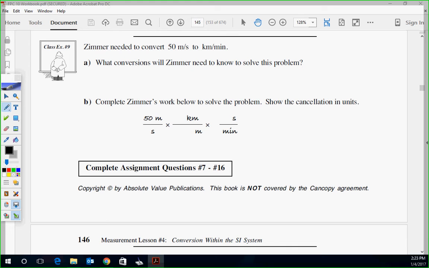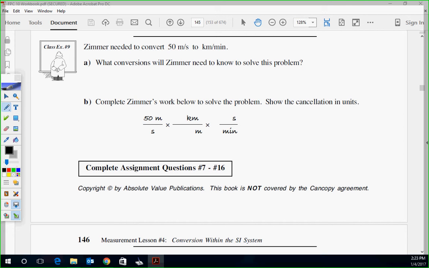Smaller, right? Because if I'm going 50 meters a second, I'm going 50 meters per 1 second. Well, if I'm making it a minute and a kilometer is a lot farther than a meter, and a minute's not that many more seconds. Like, it's only 60 seconds, right? I'm adding 60 seconds, and I'm adding 1,000 meters. Okay, so just understanding that idea.